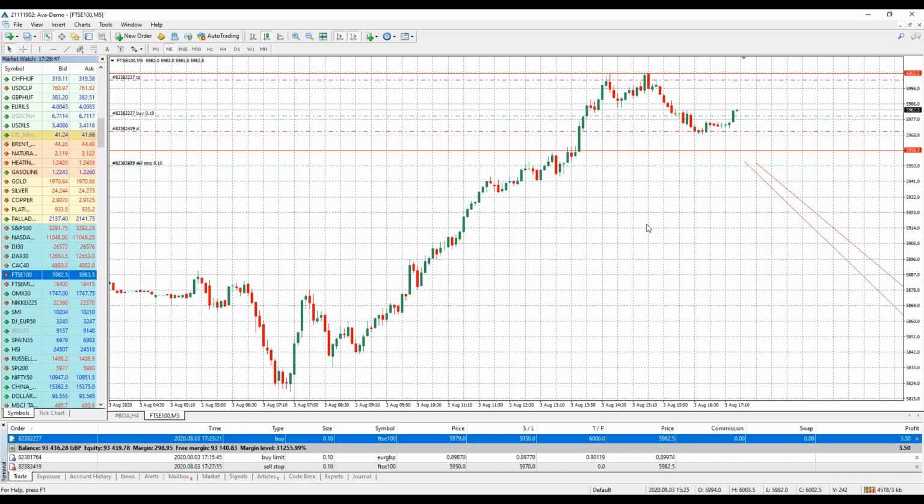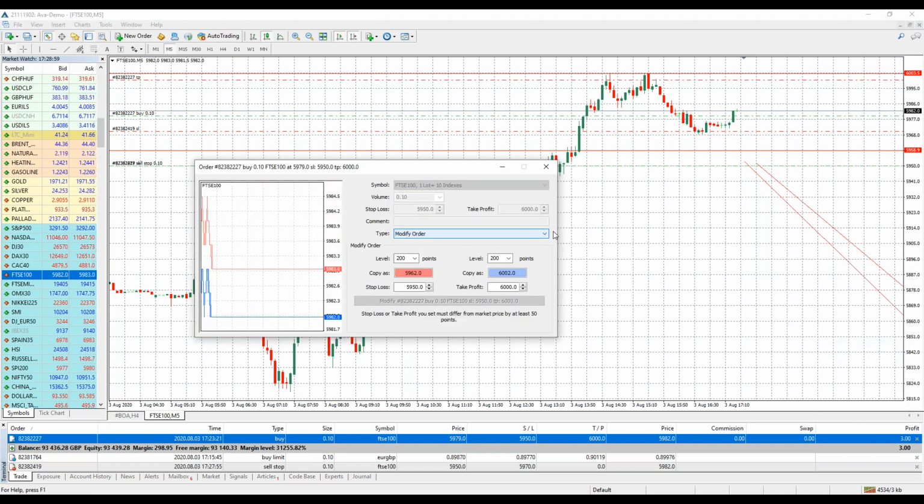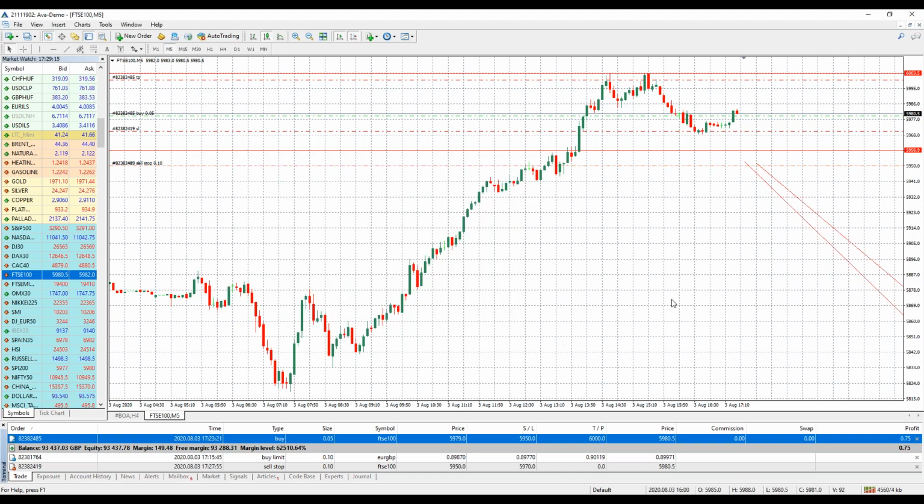Okay. Oh, by the way, I could show an example. Partial close. What if it's halfway up and I say, okay, I want to bank some of this profit. Okay, fine. So right click over the trade, go to modify or delete, switch from modify to market execution. If I change my trade size, 0.05, let's say, okay, that's how much it'll close. Whatever I change the volume to, now I click close on that part of it. Okay, fine. Now I just took 75 cents profit and the rest is still moving, right?